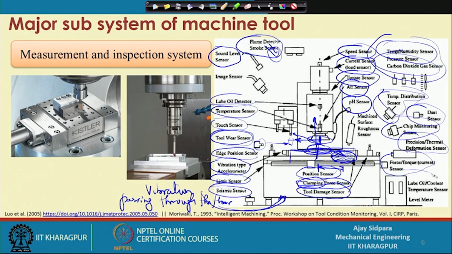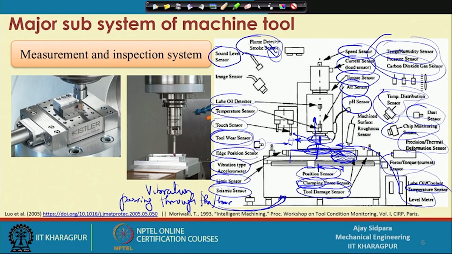Then there are some other sensors available, called the lubrication coolant temperature sensor and level meter. We know that we have to use coolant to reduce the temperature of the tool as well as the workpiece and the chip. When you are using that, first you have to maintain the temperature of that particular coolant, because when you are recirculating this coolant, it is also absorbing temperature from the working zone.